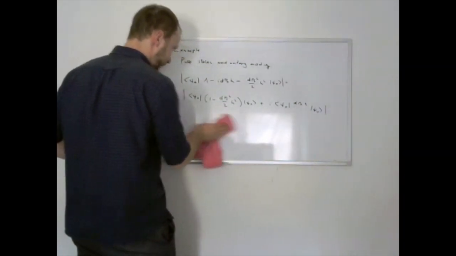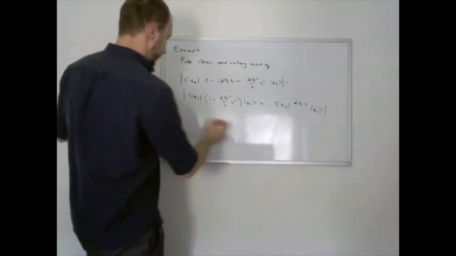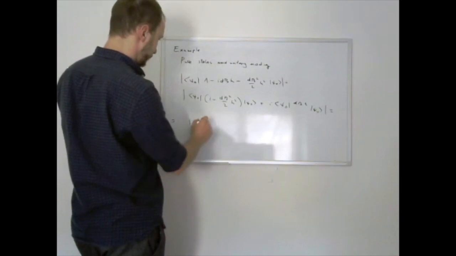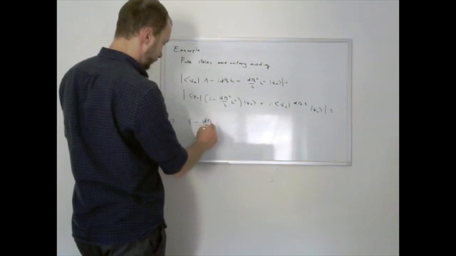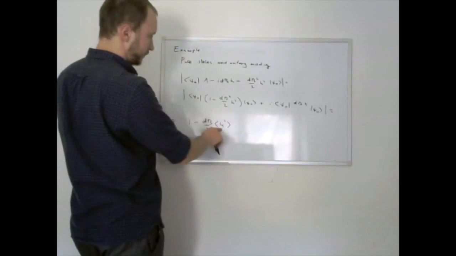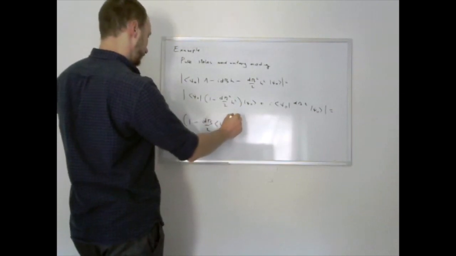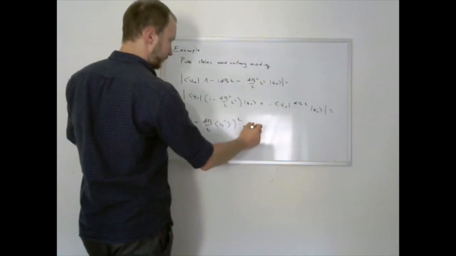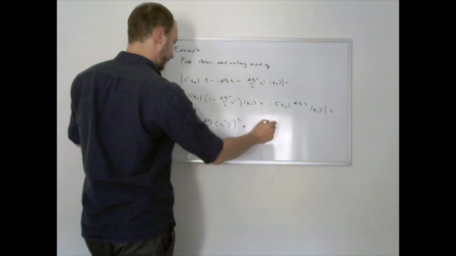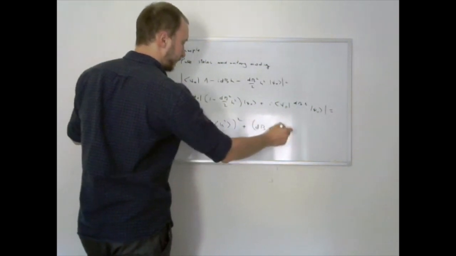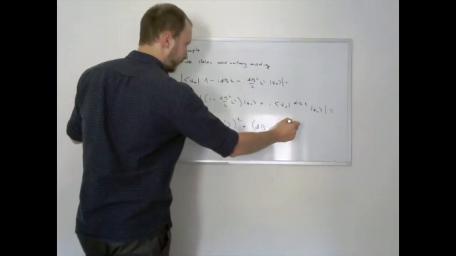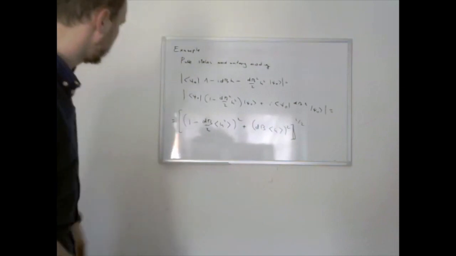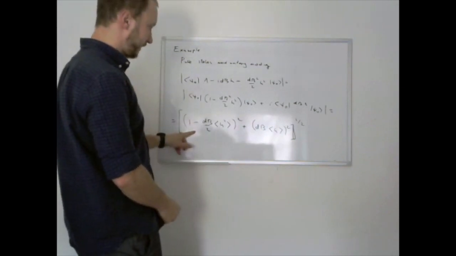Then we get that this thing is 1 minus dB squared over 2 times the expected value of H squared in psi 0, squared, plus dB squared times the expectation of H squared, and the square root on top of this. Well, now again we have to expand it to first order.